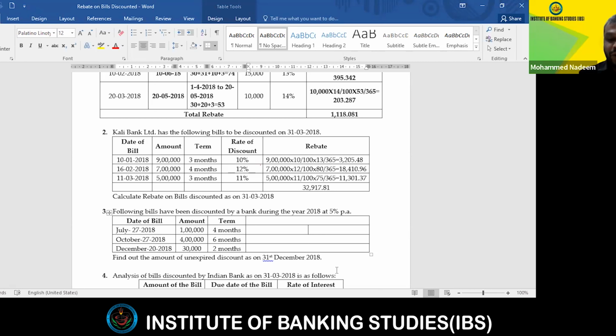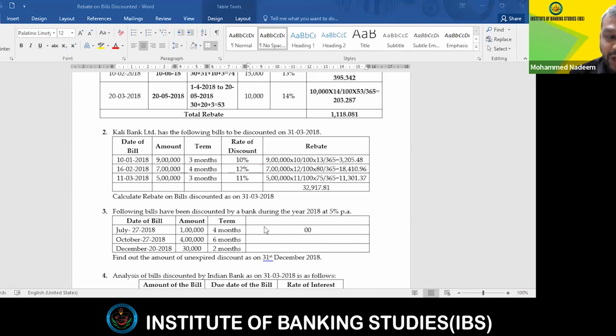It is coming before, so you need not calculate. So the rebate is 0. Calculate only the other 2 bills and let me know the answer. Don't take that much time. The last one is also 0 discount, sir.